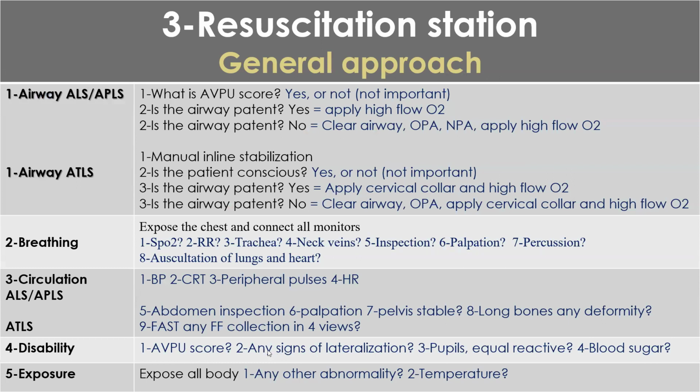You should continue to number 2. You should say any signs of lateralization apart from seizures, because seizures is lateralization also. So maybe the patient has hemiplegia or hemiparesis. Pupils is part of lateralization. You can ask what about pupils? Equal reactive. So the pupils here are unequal and the patient has high blood sugar. So it could be DKA.